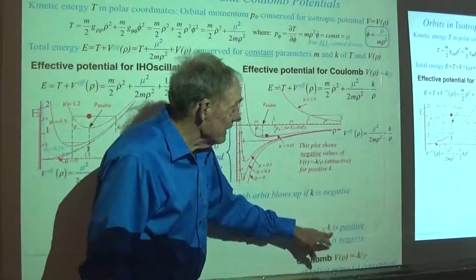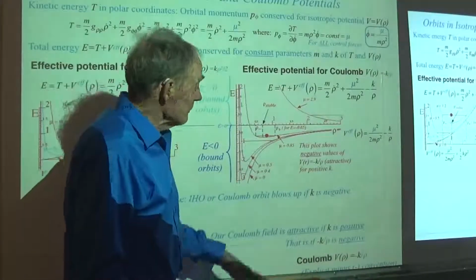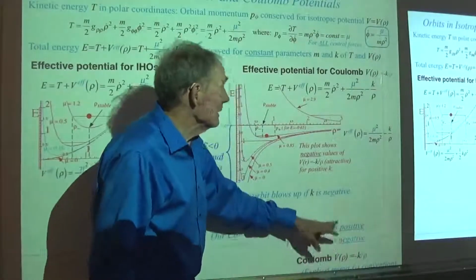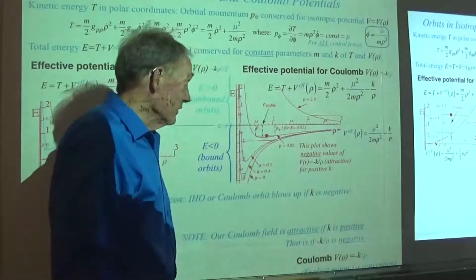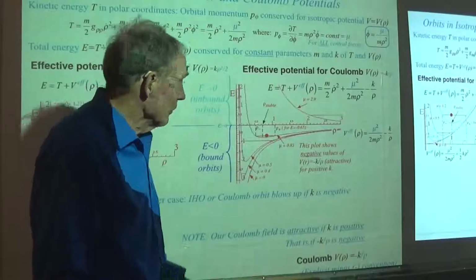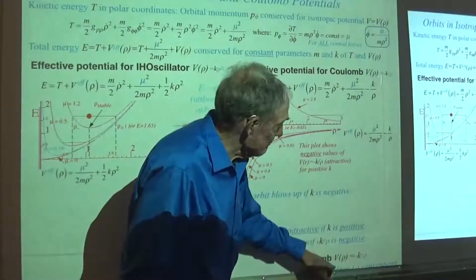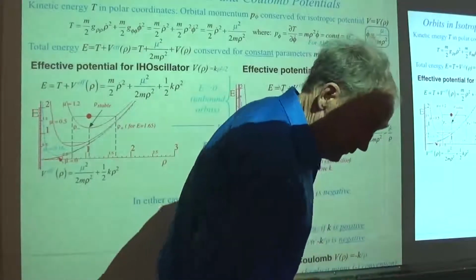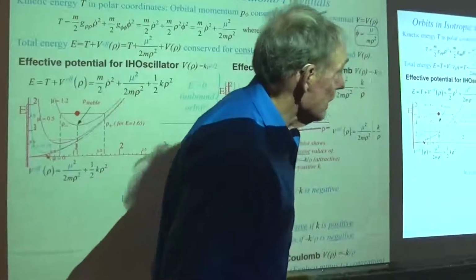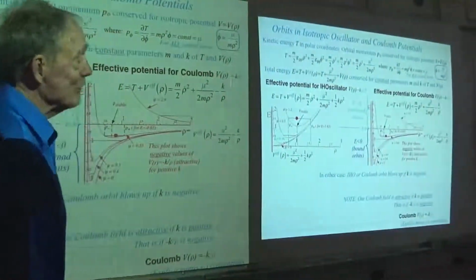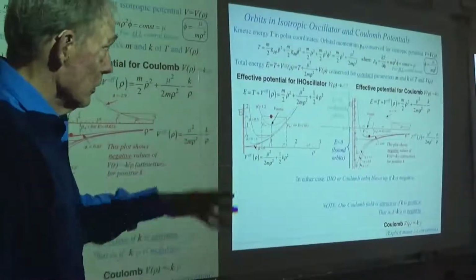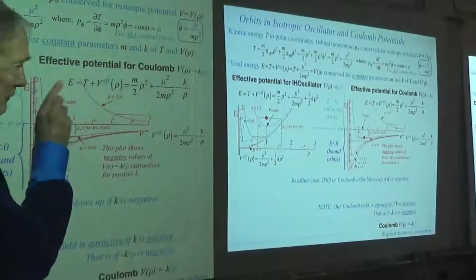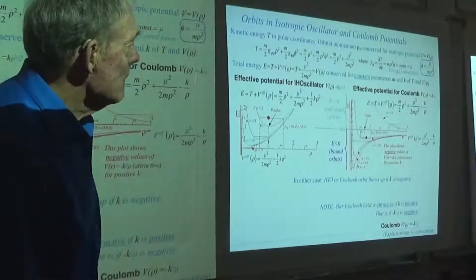Attractive if K is positive, but what we really mean is minus K is negative, and this thing is a negative quantity. So we need the explicit minus sign. I'm just making sure that this is very clear. We have an explicit minus convention here for the Coulomb, and we have to worry about it for this one, but we do have to worry about it for that one.